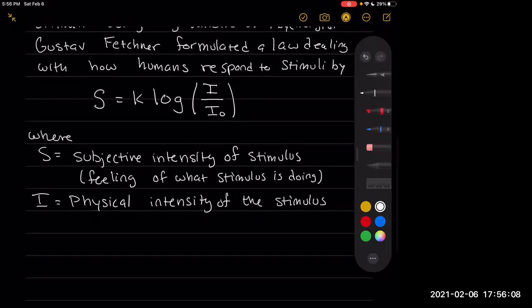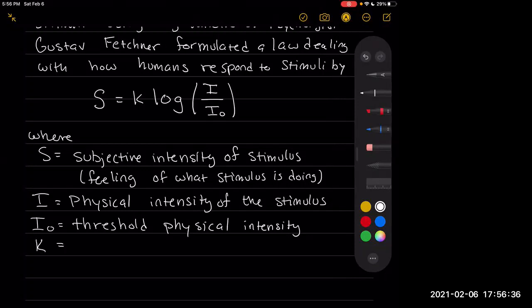And then I naught is the threshold intensity. All right, and this is usually the base level for when we first start to recognize it. So it might be like the quietest something is when you first are able to hear it. And K, this is a constant that depends on the type of stimulus.